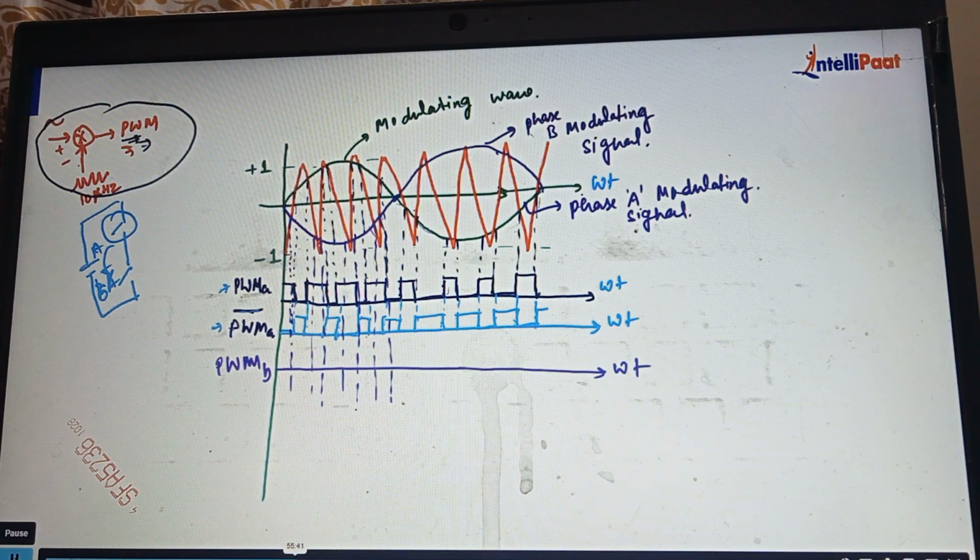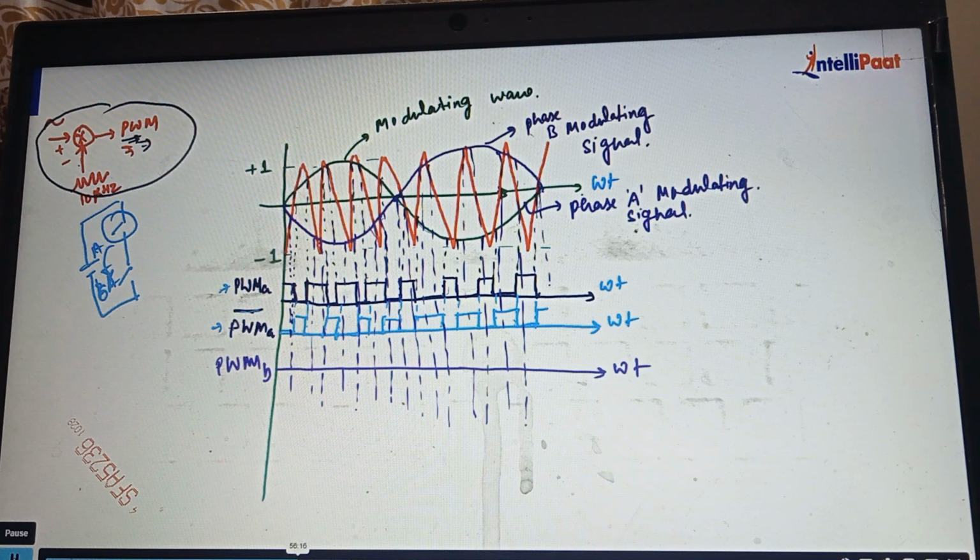We can compare both modulating signals and the triangular wave signals. So when will this be on? Till this point, the modulating signal is higher than the triangular one, so it will be on.